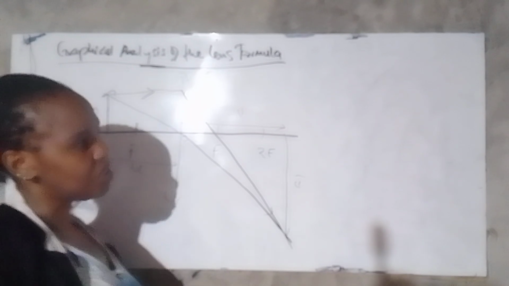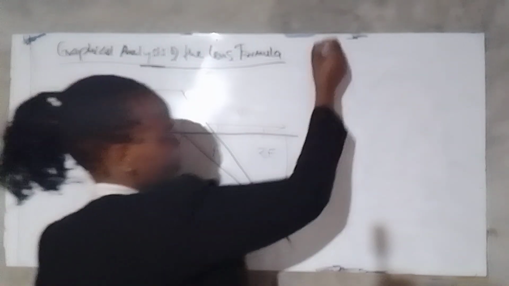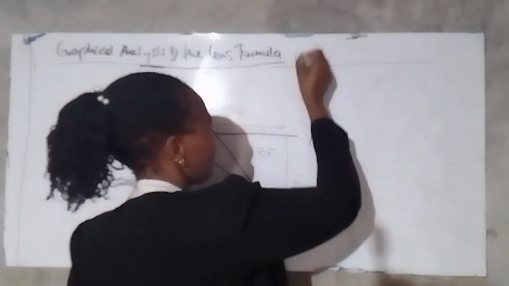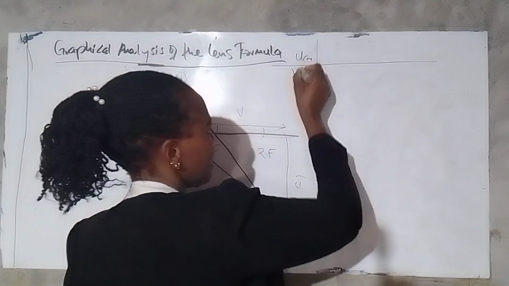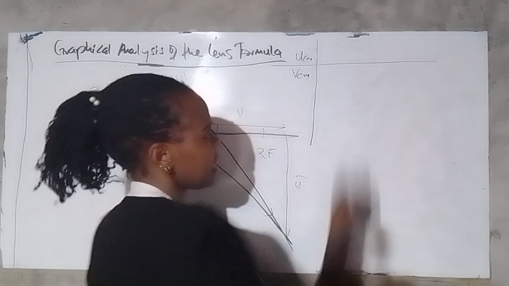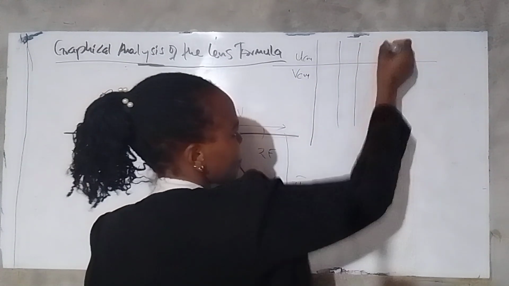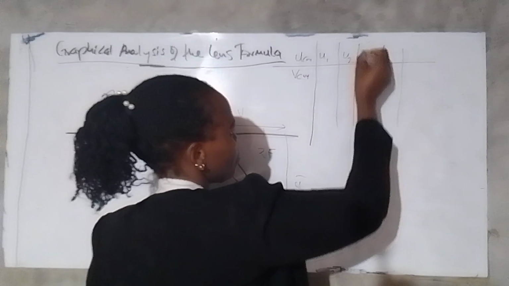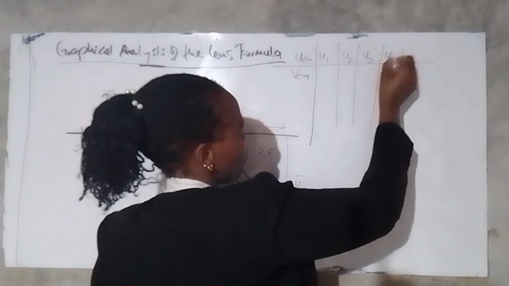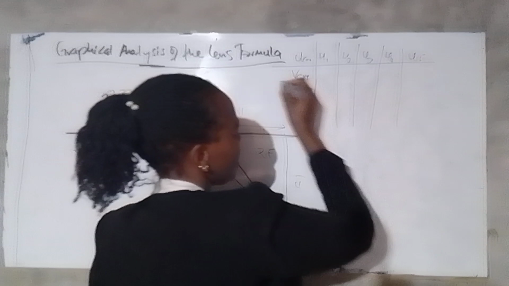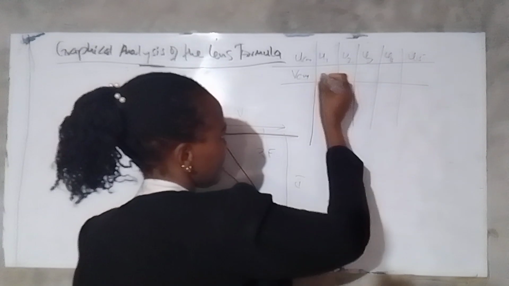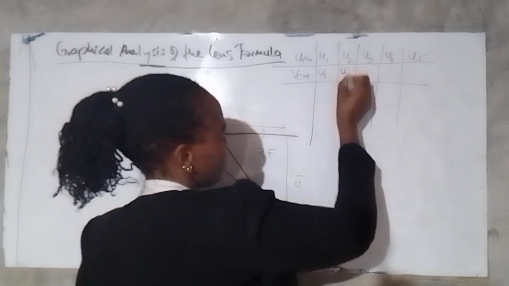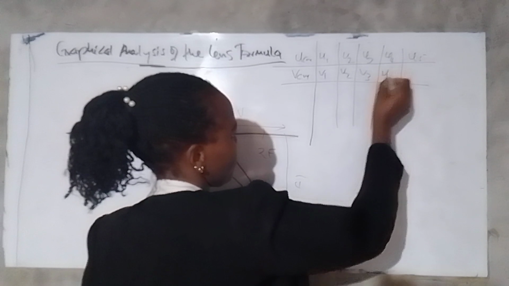From that information, we can put it on a table, where we have U in centimeters and the corresponding V in centimeters, with different values: U1, U2, U3, U4, U5, and corresponding image distances V1, V2, V3, V4, and V5.